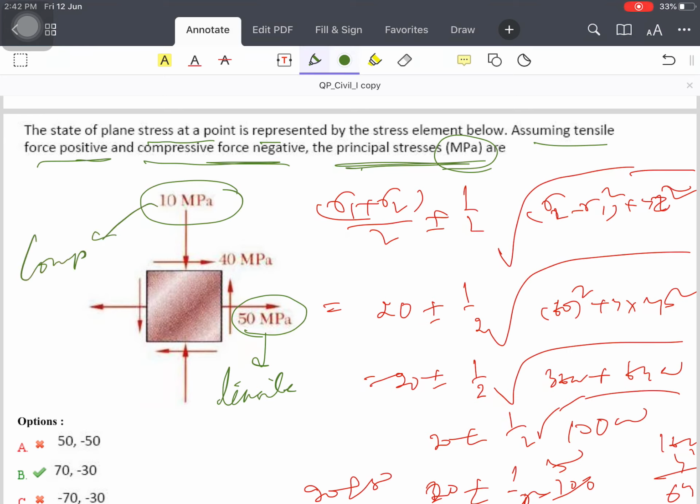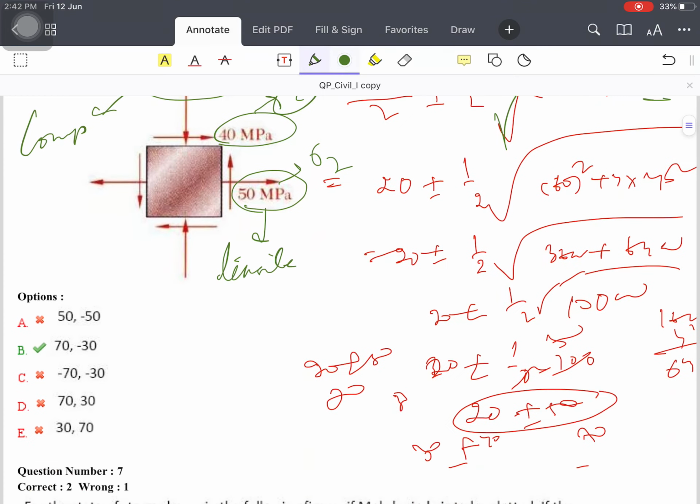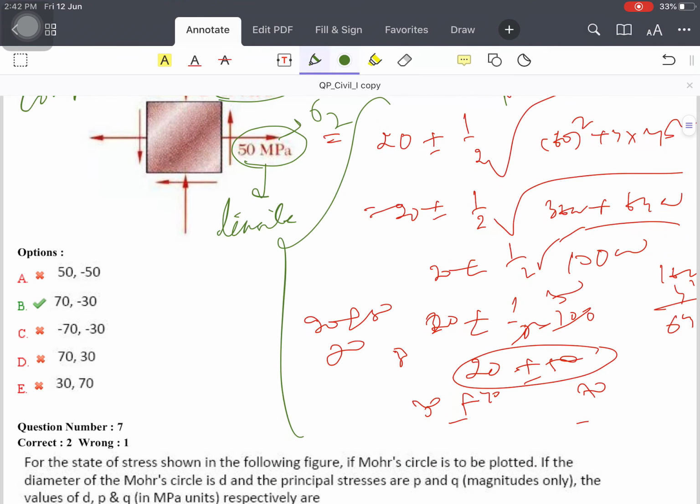So the formula for sigma p is sigma 1 plus sigma 2 by 2 plus or minus half of under root sigma 2 minus sigma 1 whole square plus 4 tau square. So values are, this is sigma 1, this is sigma 2, 40 megapascal, this is tau. By putting these values we will find 20 plus or minus 50 and the values 70 and minus 30.